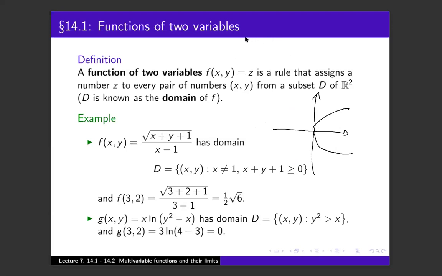Let me do that differently and make it a dashed parabola. The reason I'm making it dashed is because it can't actually include that parabola, because ln can't be 0. But y squared is greater than x, so that's just everything above it. That's the domain of that function.